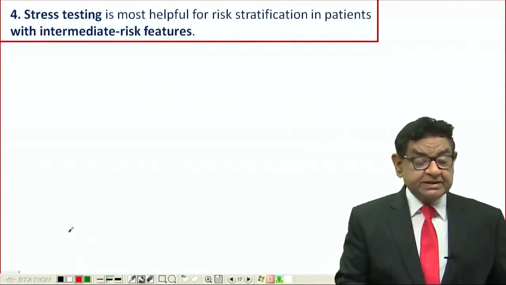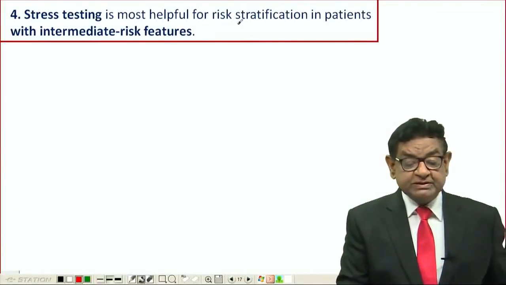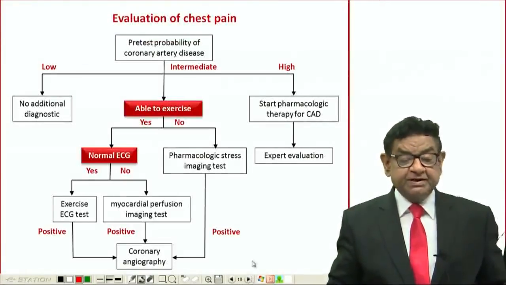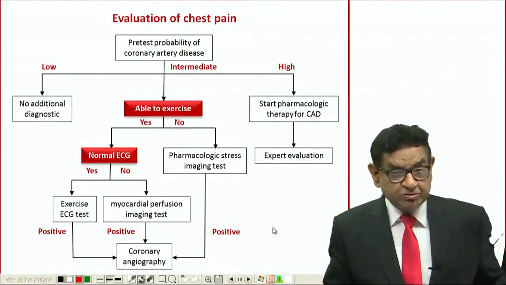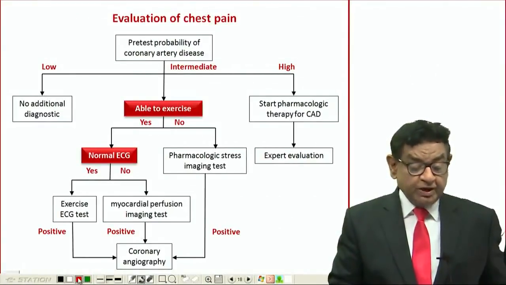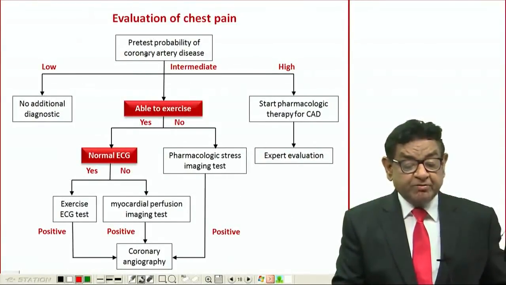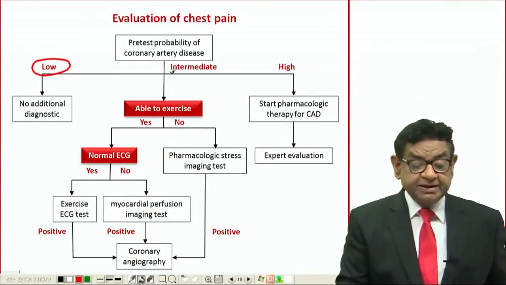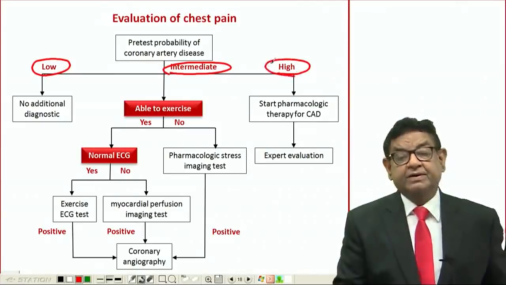And stress testing is most useful for risk stratification in patients with intermediate risk factors. What do you mean by intermediate risk factor? Let's see how to approach a case of chest pain. The patient's probability of coronary artery disease is low, intermediate, or high.